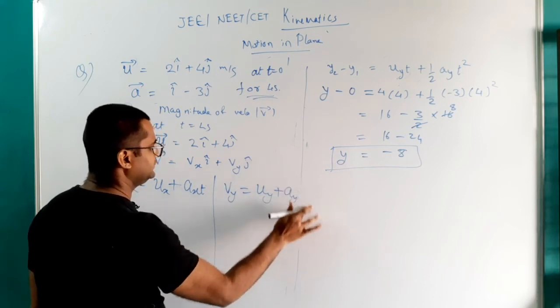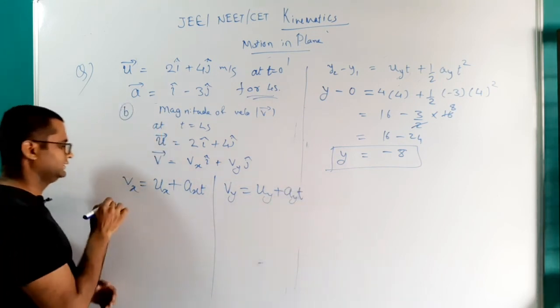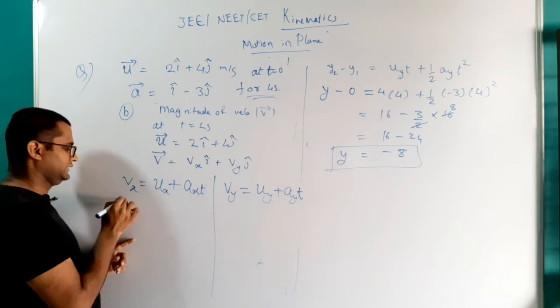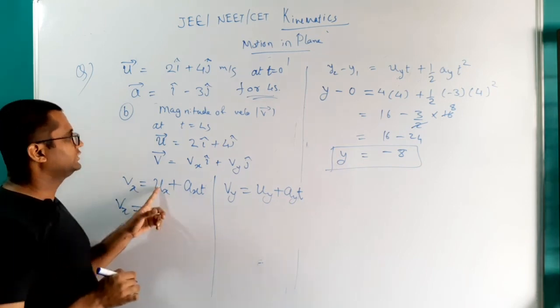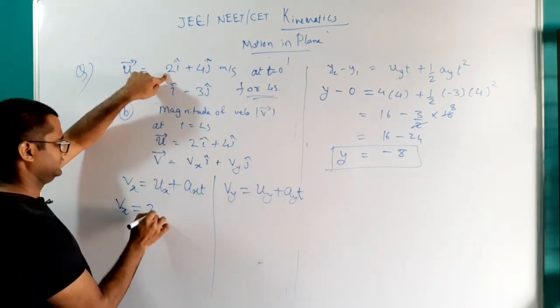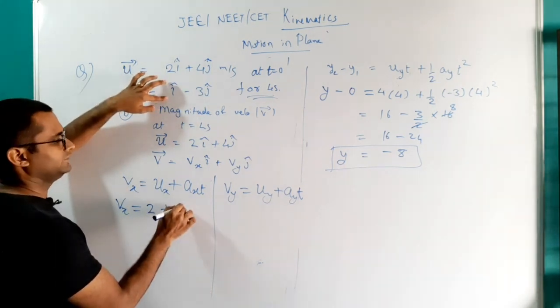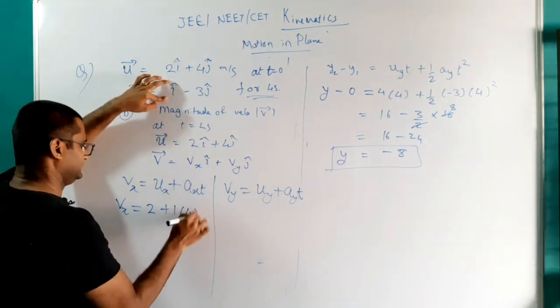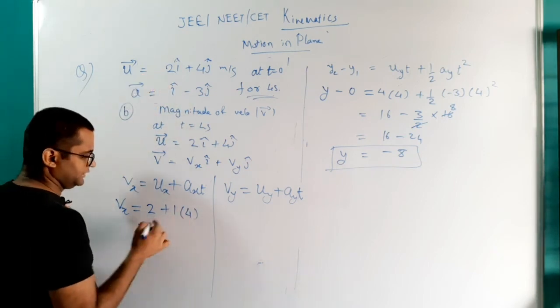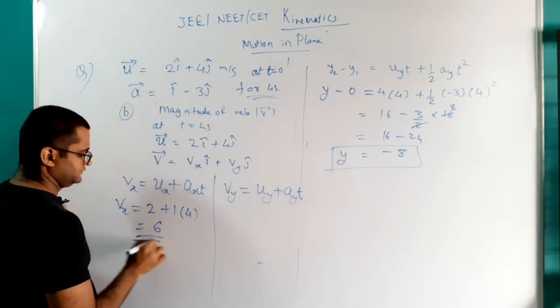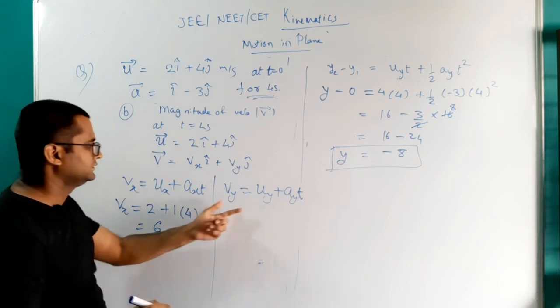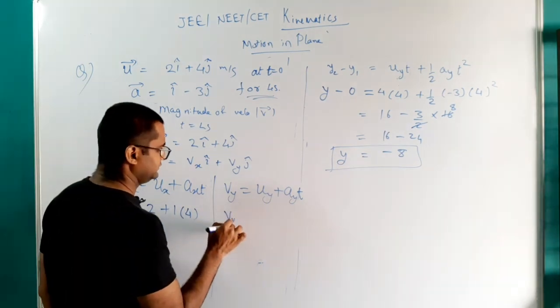Since we have time, we have used this equation. What is Ux? Ux is 2. What is Ax? This is 1. And the time is 4 seconds. So 4 plus 2 is 6. This is Vx, which is 6.